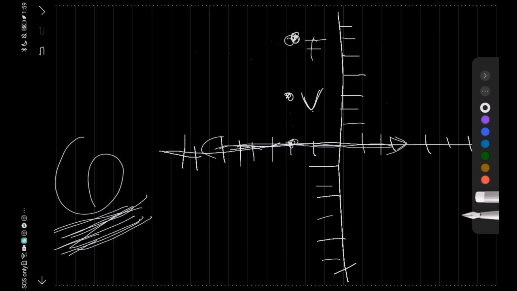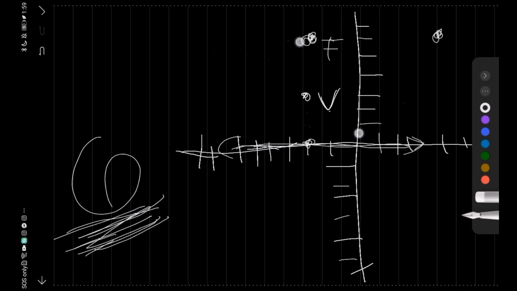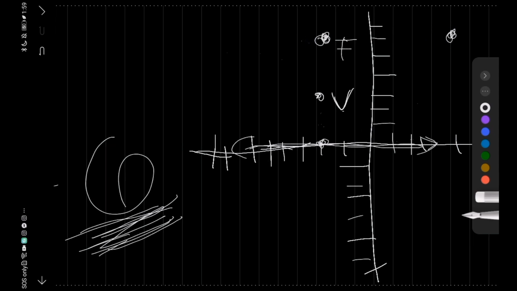We will start here at the focus and go 1, 2, 3 units on each side, so 6 in total: 1, 2, 3, 4, 5, 6. Then we draw the curve through these points, and we're all done. This is our parabola.